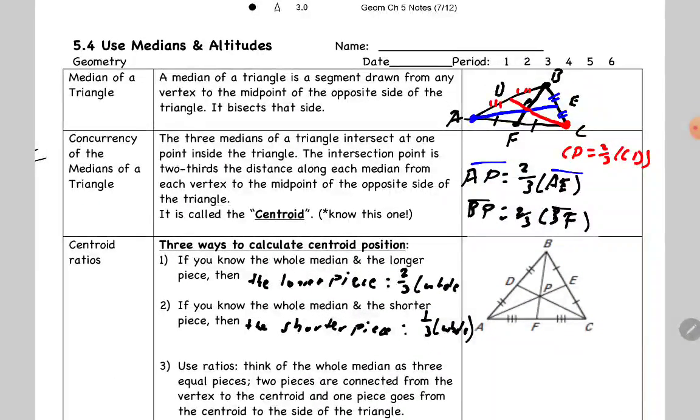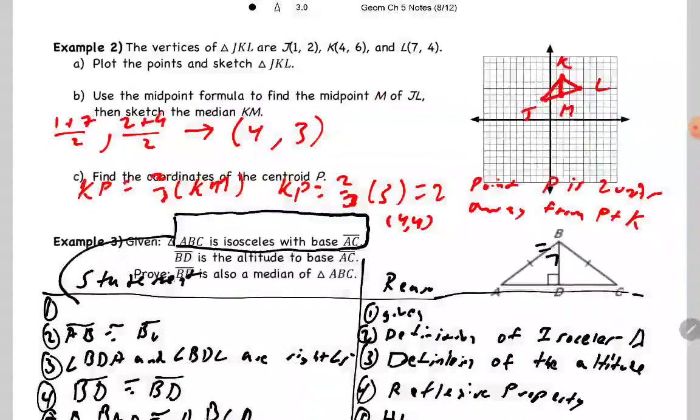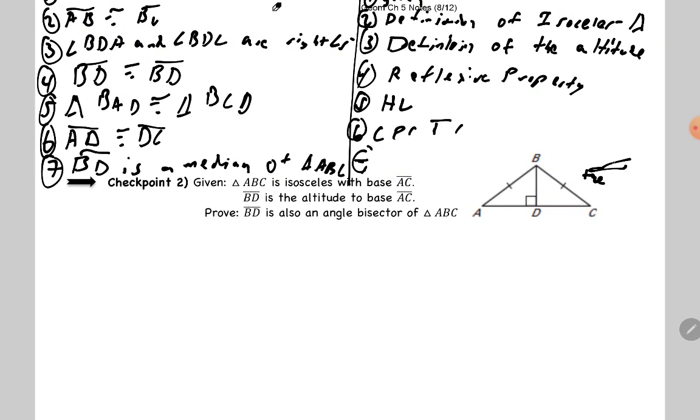A median of the triangle is a segment drawn from the vertex to the midpoint of the opposite side of the triangle, so it bisects that side. There we go. Basically, I'll just write definition of the median.